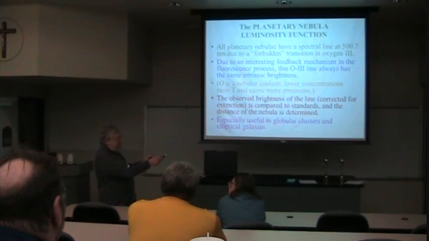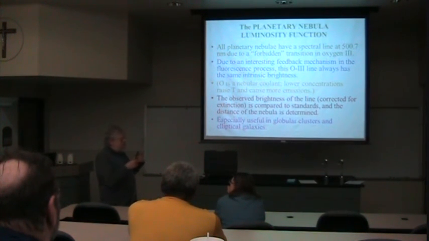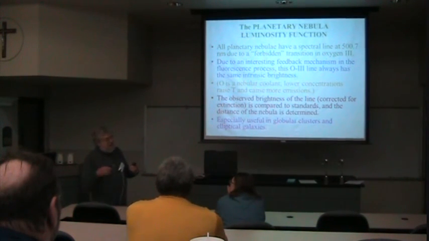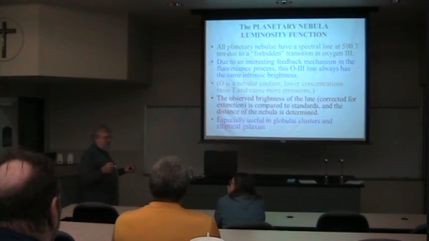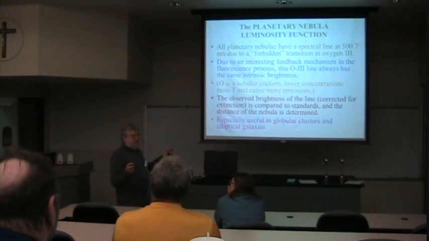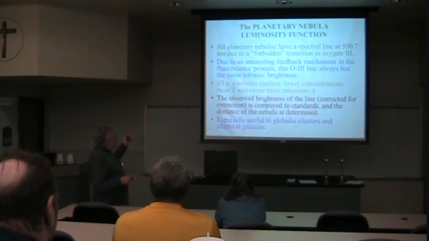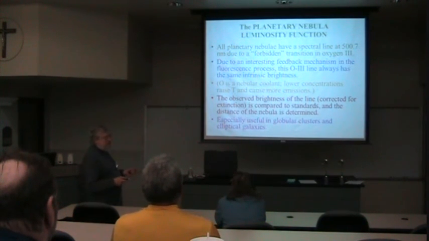You look at the thickness of it off to the side and assume that the light coming towards you through the center is going through the same thickness, and you make a correction for the amount of light it's absorbing from itself. Oh. So again, it's a lengthy procedure, but it's straightforward. You just have to correct for the fact that it's going through layers of gas to get to you.